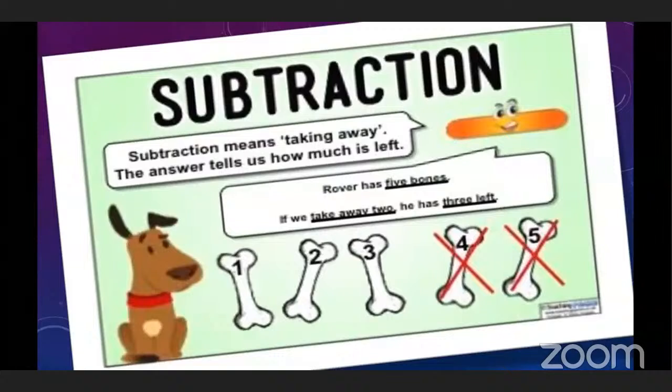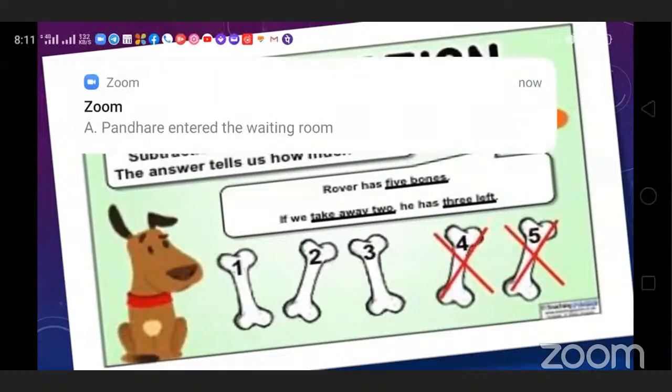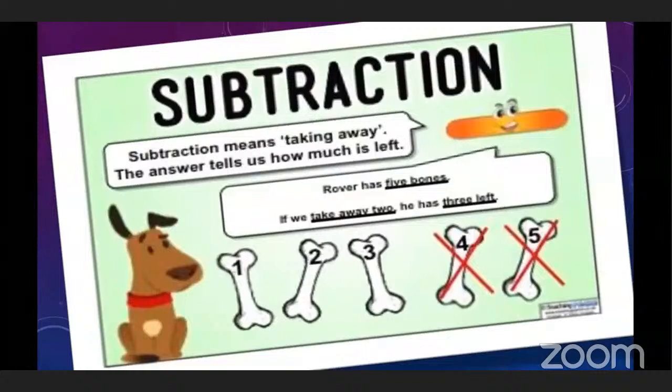You can see the fourth and fifth one we took, so he has 3 left only. So subtraction means taking away. The answer tells us how much is left.